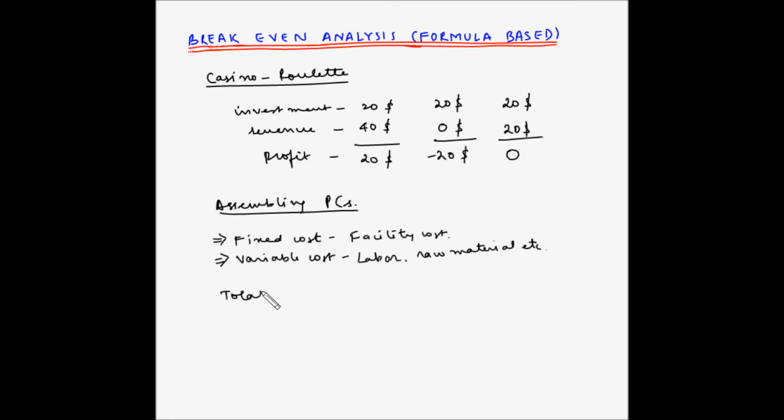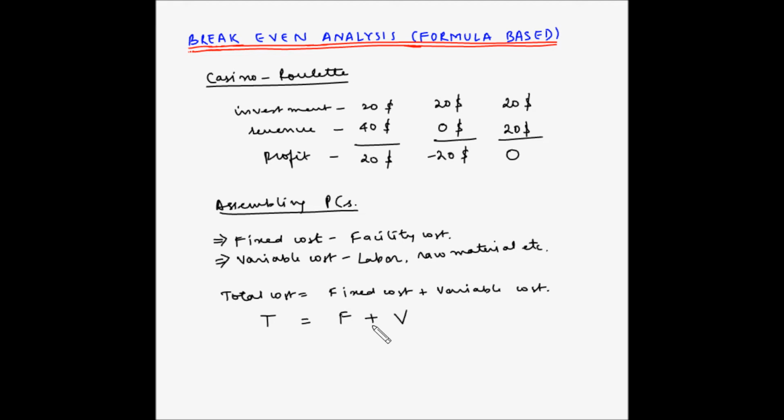So total cost is equal to fixed cost plus the variable cost. So we can represent total cost as T, fixed cost as F, and variable cost as V. Now this total cost is the initial investment of $20 which you did on the roulette table in the casino.